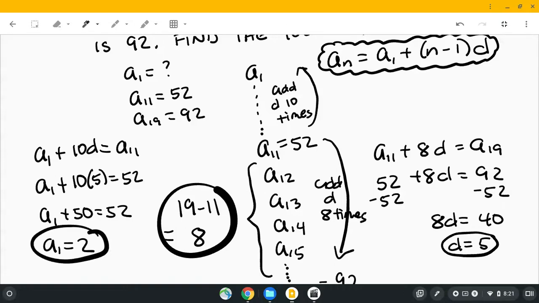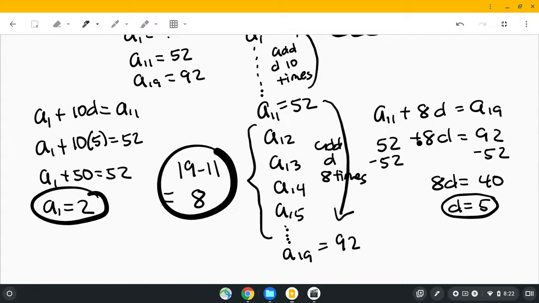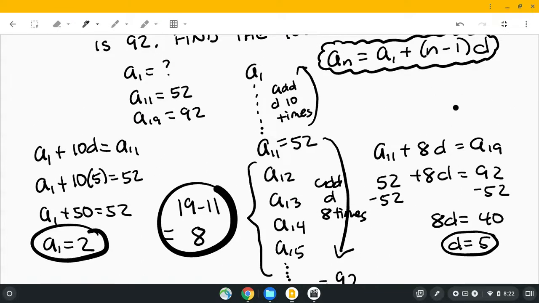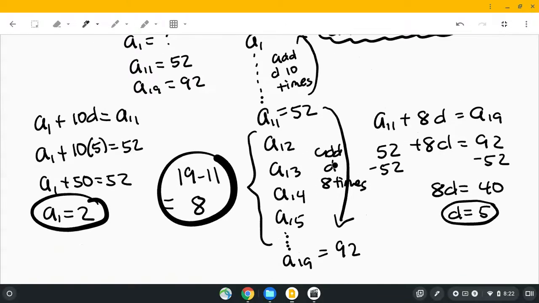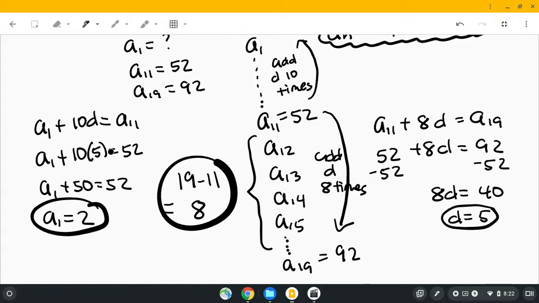Okay, so that's the logic behind this here and this here. These are the two things we need in order to write our formula. You don't have to show this work. I was showing this so that you can follow the logic behind the steps here. I'm going to go ahead and erase it so it doesn't look so scary.